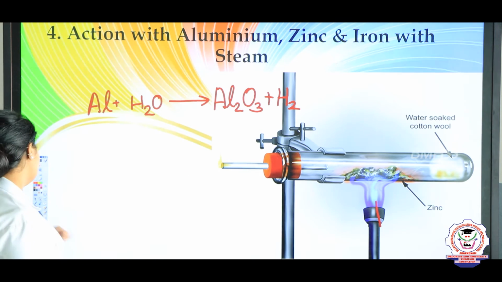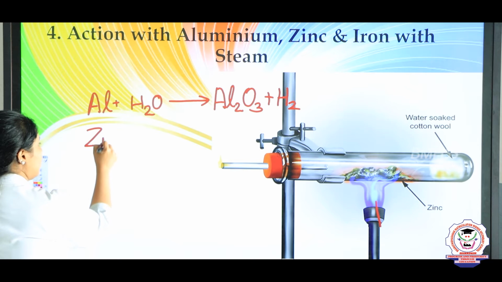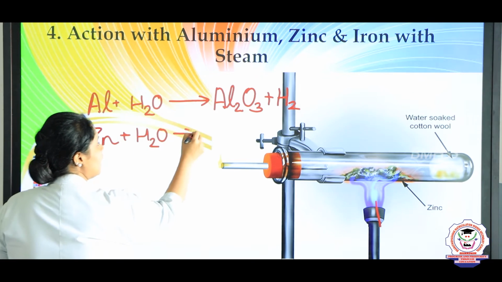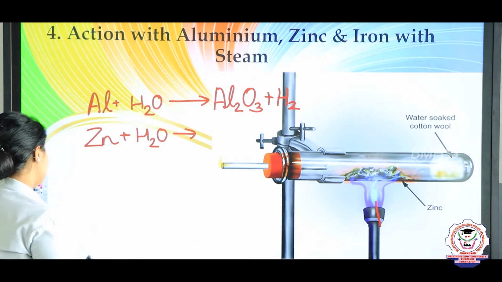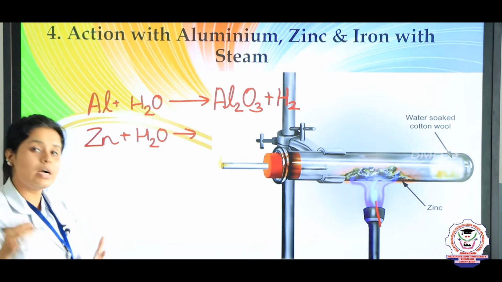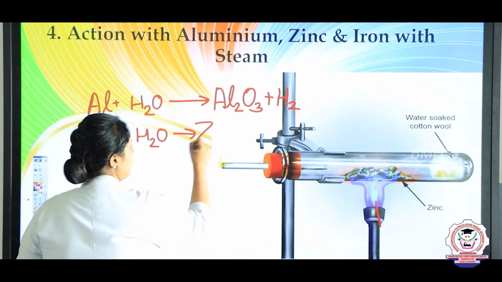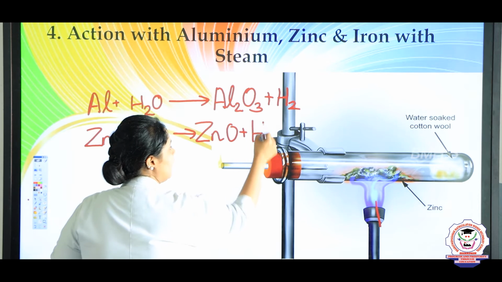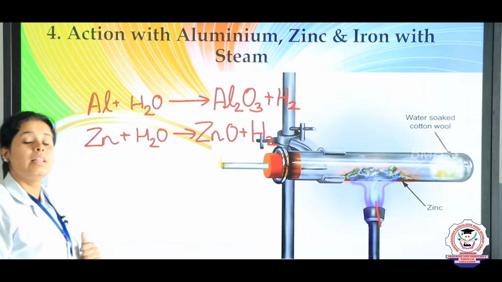Same way, if you are taking the reaction with zinc and you add water to that, here you are getting first the oxide, and it will come as ZnO, which is zinc oxide, plus again H2 gas has been liberated.